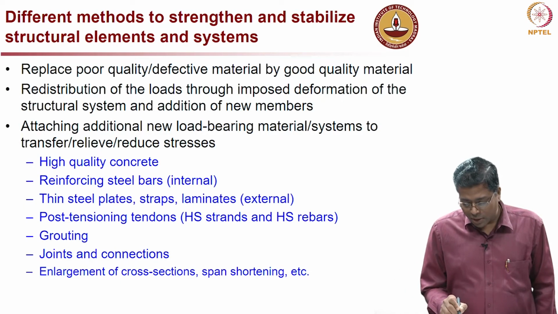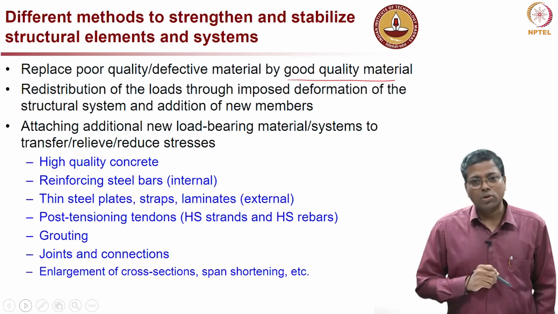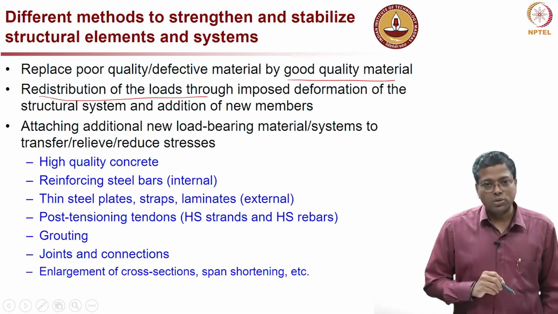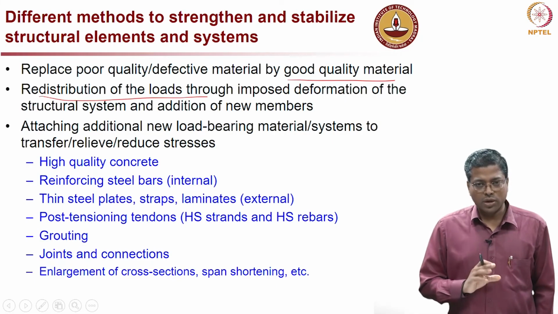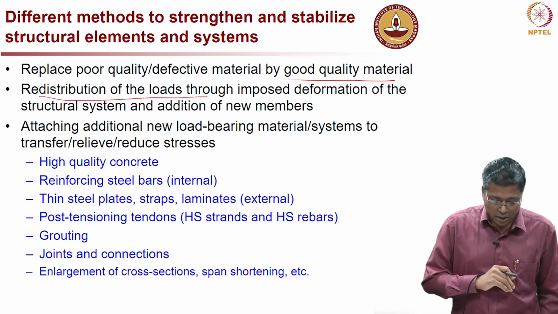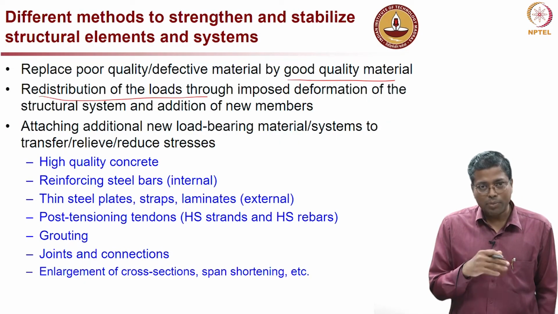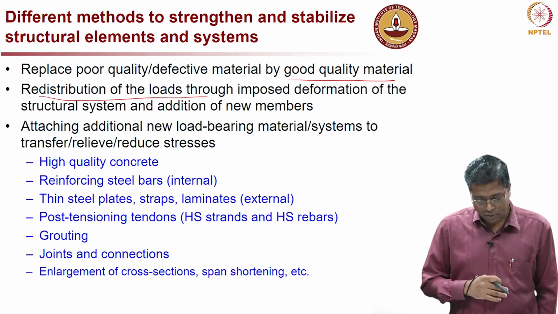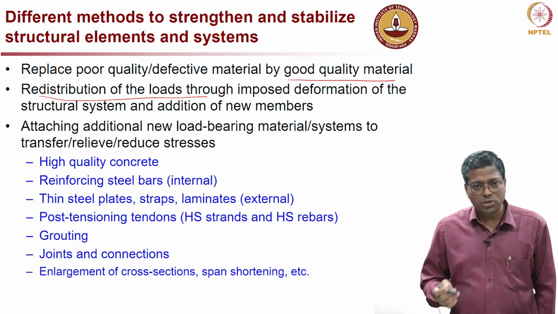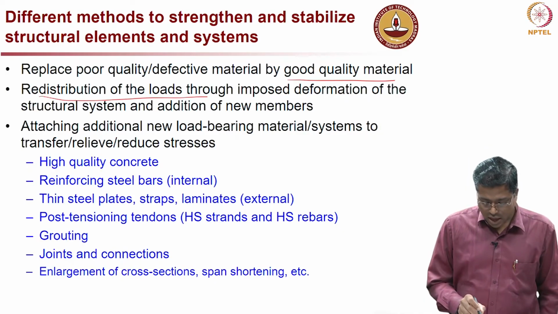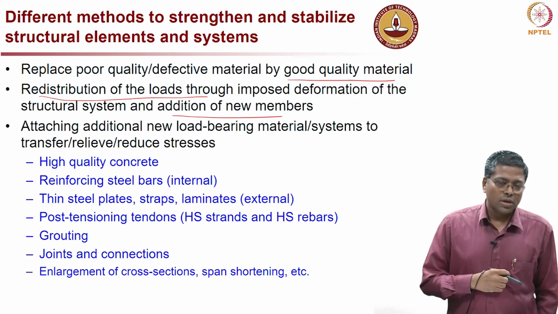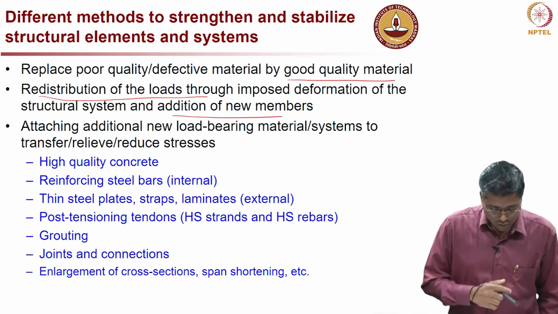So, replace them by using good quality materials, and then redistribution of the loads through imposed deformation, where you allow some deformation to happen so that the stresses are not happening in a way which is harmful. So, redistribution of the loads through imposed deformation of the structural system, and at the same time sometimes we can add new members which will take this additional load.